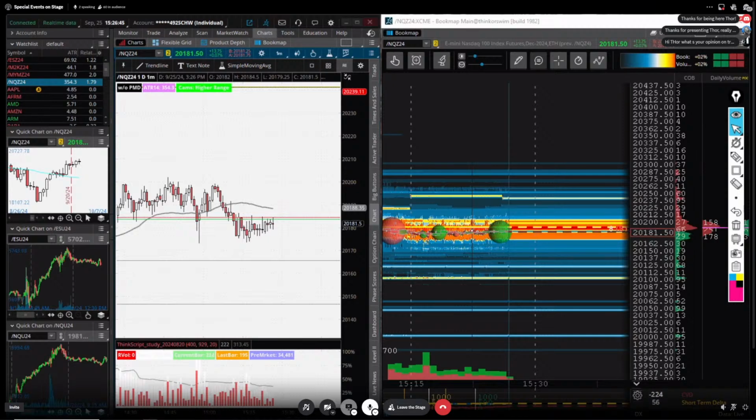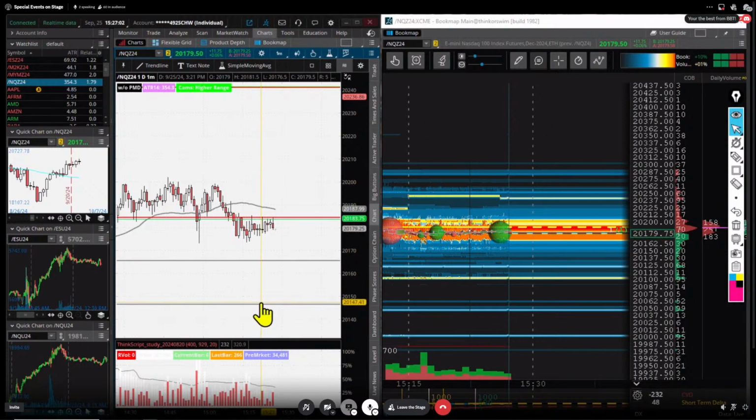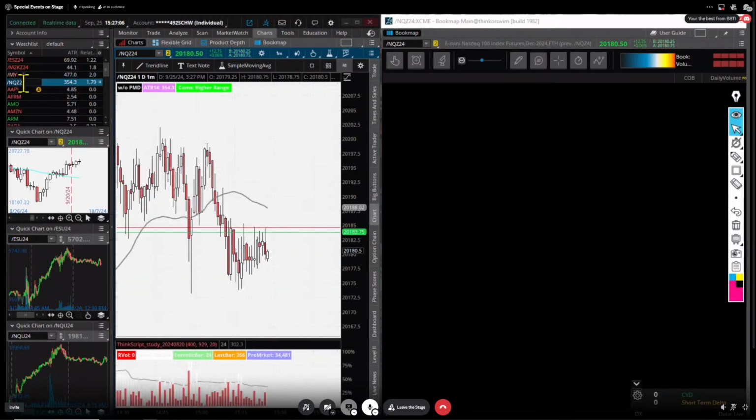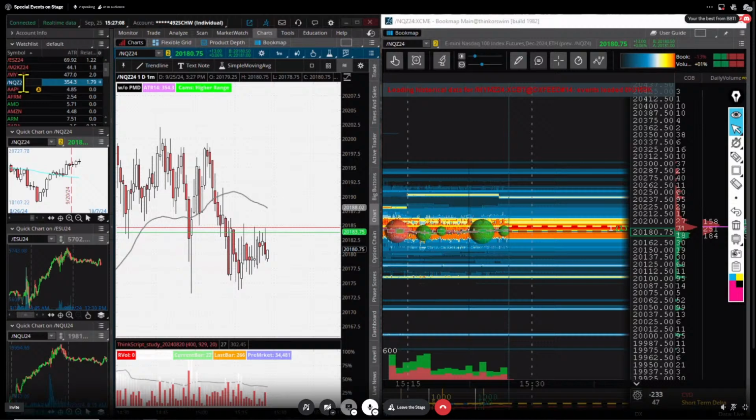Opinion on trading NQ futures? I love trading NQ. Not the full size. Trade the micros. No point to trade the future. I mean, if you can afford to trade the full size, have at it. But I prefer trading the micros, which are a lot of fun. What's interesting is NQ micros are actually cheaper than ES micros.